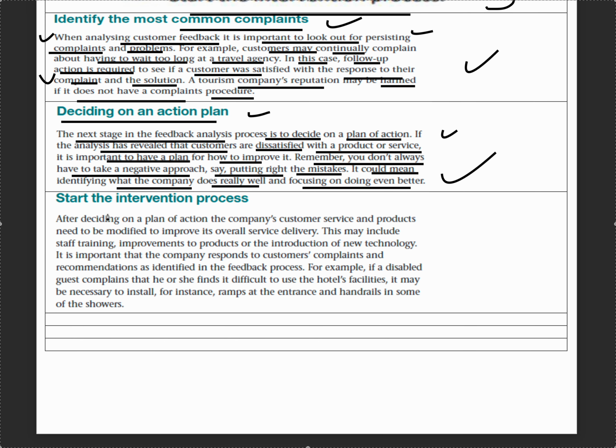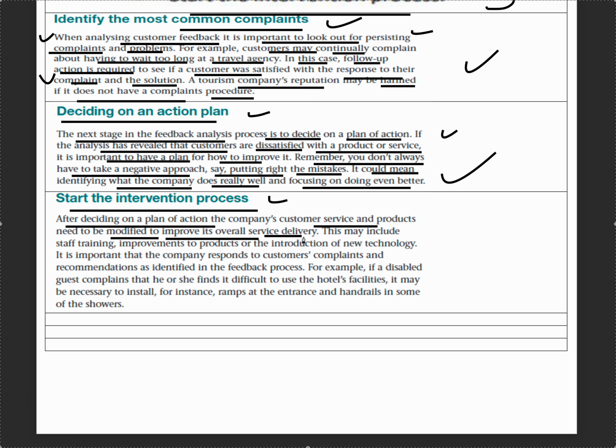Then we go to the intervention process. The intervention process is like a solution, as we said. After deciding your plan of action, the company, customers, and products need to be modified, to improve and reach a better standard, and to improve the overall service delivered.